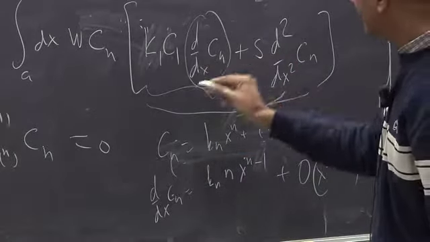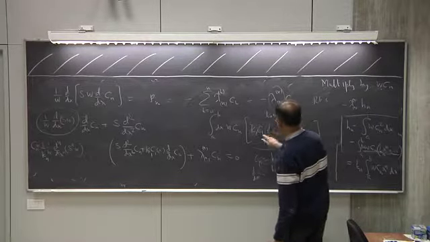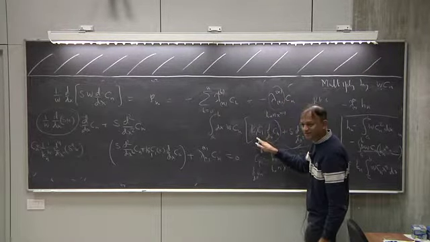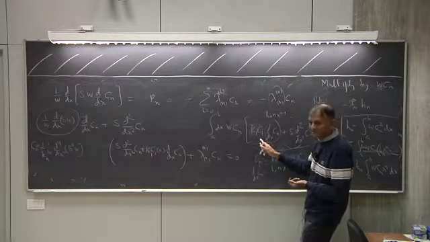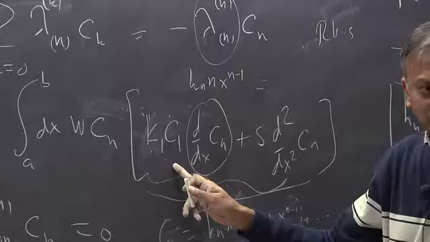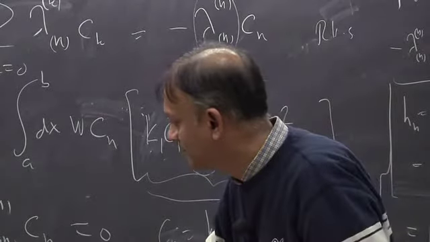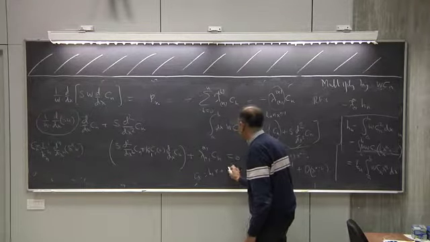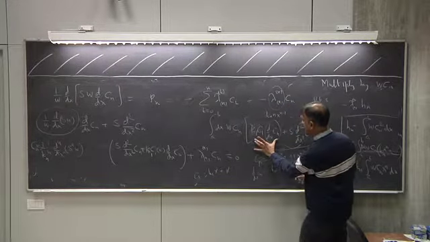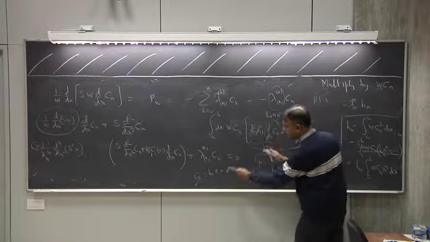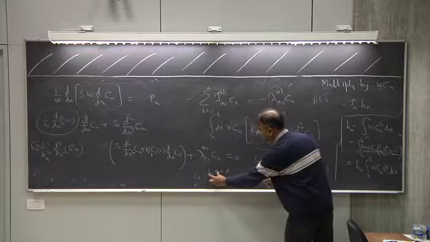So the only relevant term here is Kn n x to the n minus 1 and the linear term here. But what is the linear term here? It's simply dC1 by dx, right? C1 is linear. C1 is something of the form K1 x plus some constant alpha, right? But what I'm saying is that the only way I can get x to the n from this term is I pick that term, not that.